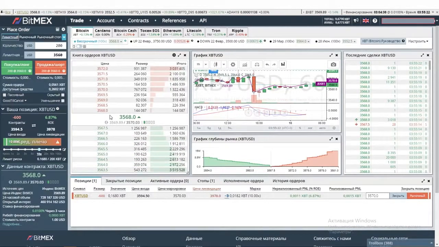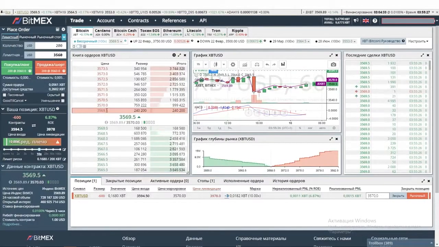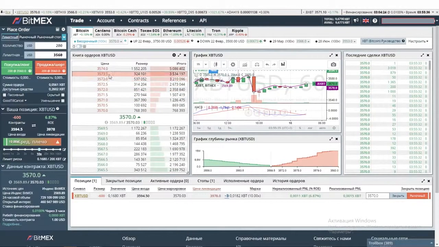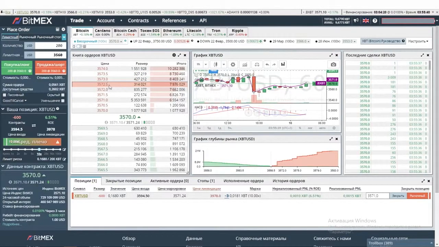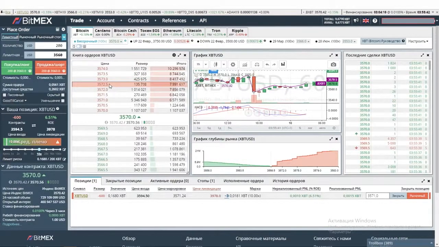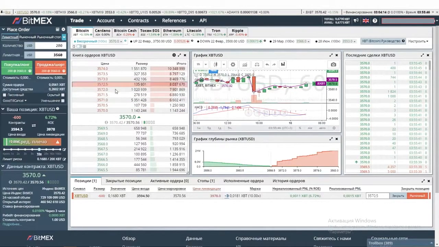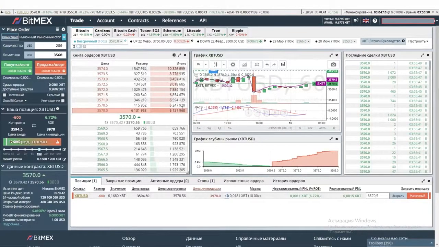For example, from the price of 3,567.5 and everything below, I can put an order to buy, and at a price of 3,589.5 and above I can put an order to sell, respectively. If I want to put an order to buy at a price of 3,572.5, my order will be executed.